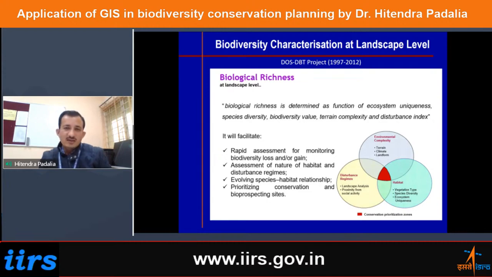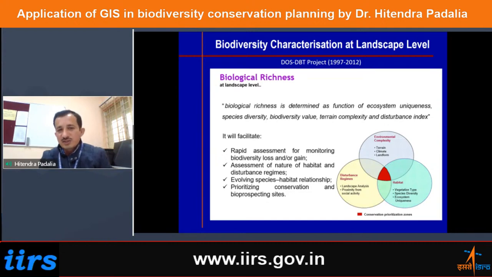So what happened is that around 1997 or 2000, it was realized that it might be possible to generate a spatial representation of biodiversity or plant diversity for the entire country, showing where there is a high concentration of plant species and those areas where they have moderate and lower levels of plant diversity.